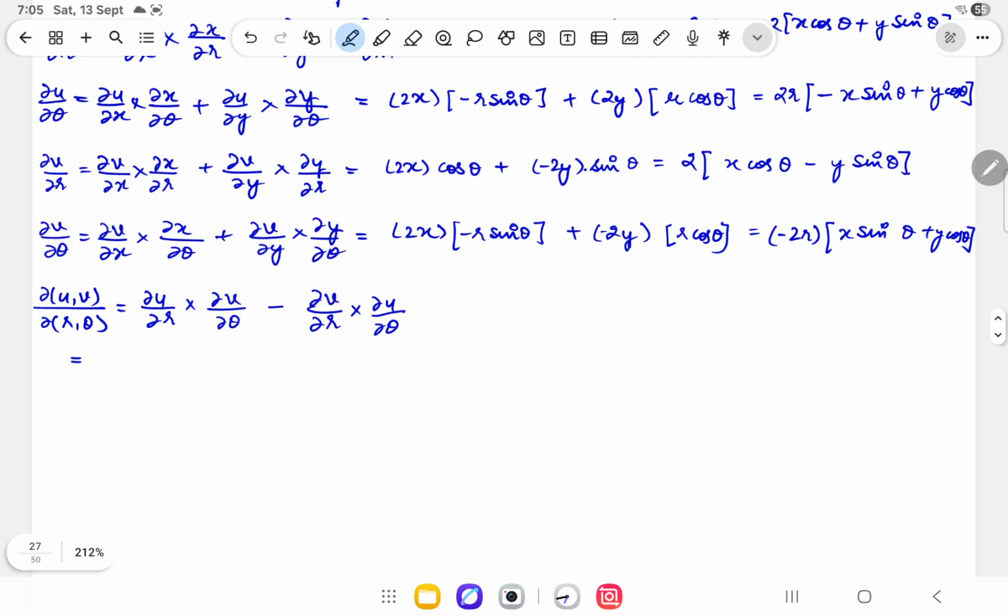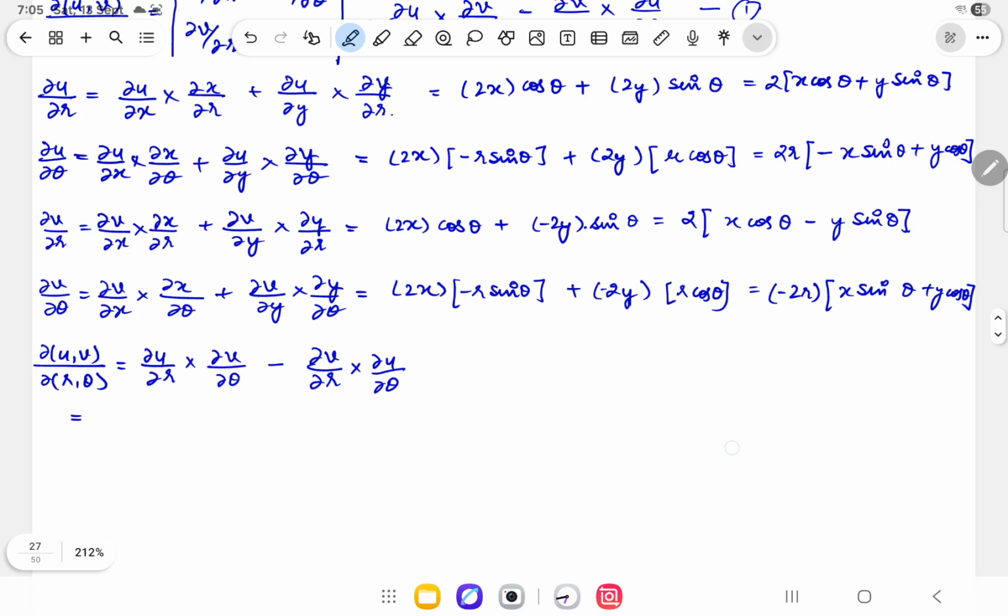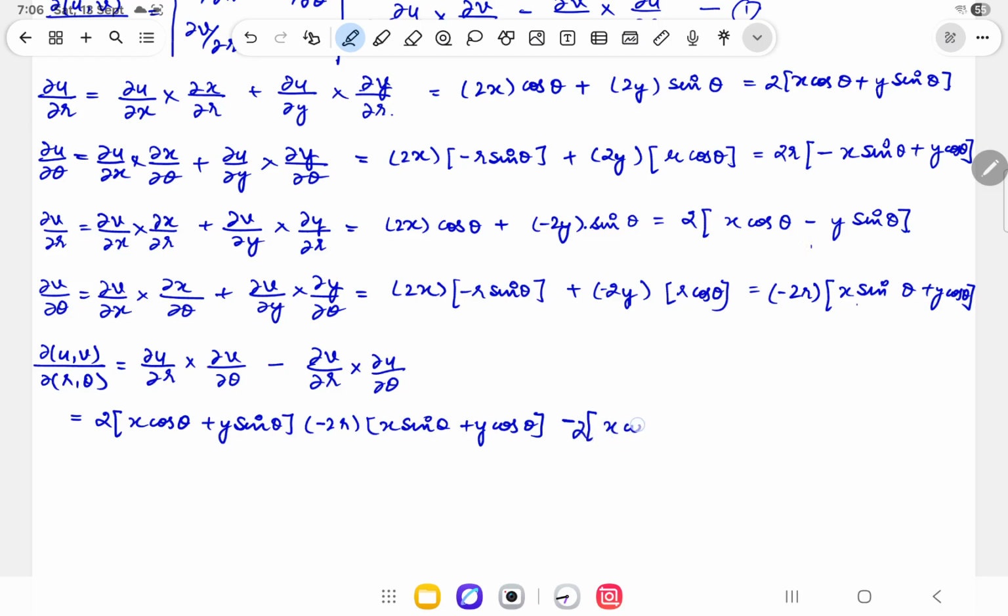So if I just substitute values, I'll be getting del u by del r as 2 into x cos theta plus y sin theta, and del v by del theta is basically minus 2r into x sin theta plus y cos theta, minus del v upon del r, that is 2 into x cos theta minus y sin theta, into del u by del theta, that is 2r into minus x sin theta plus y cos theta.